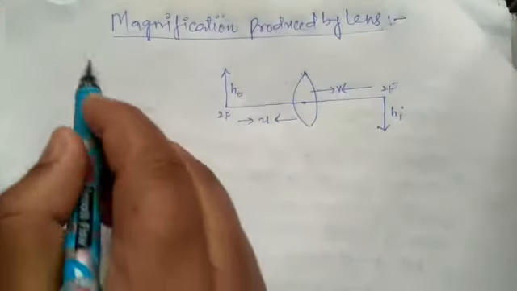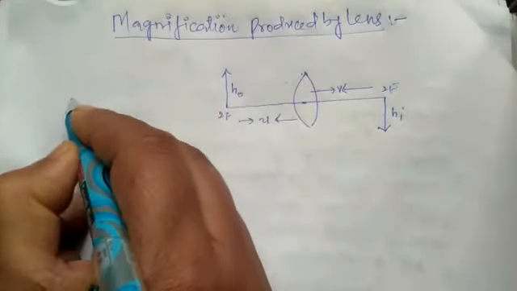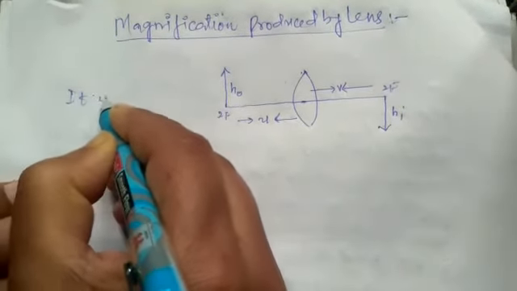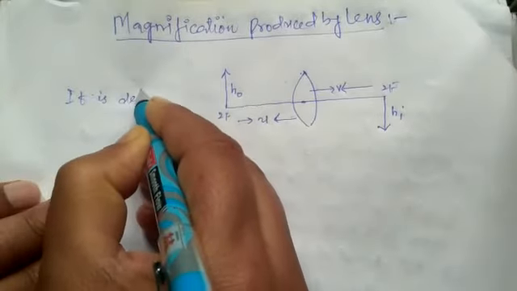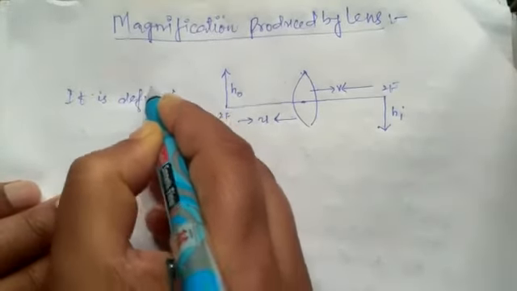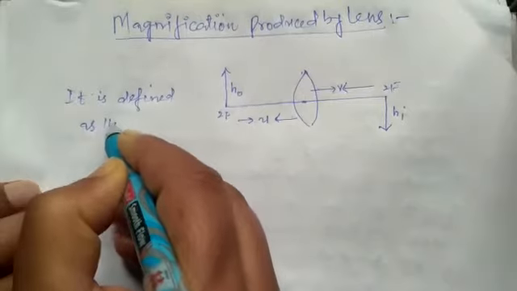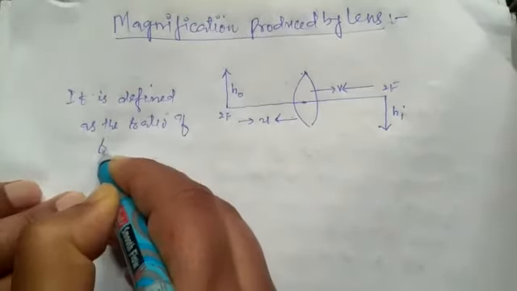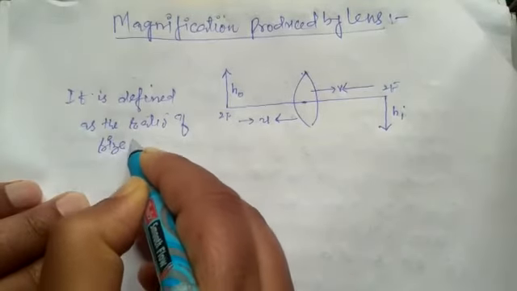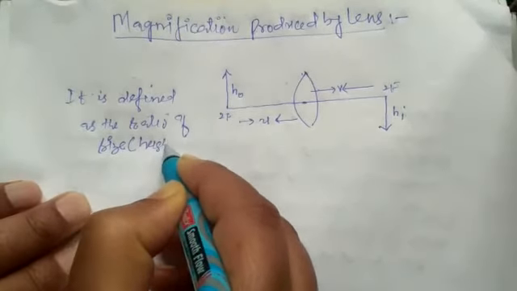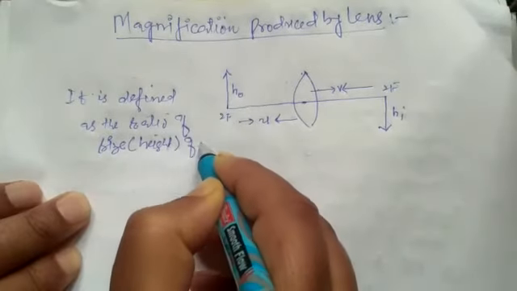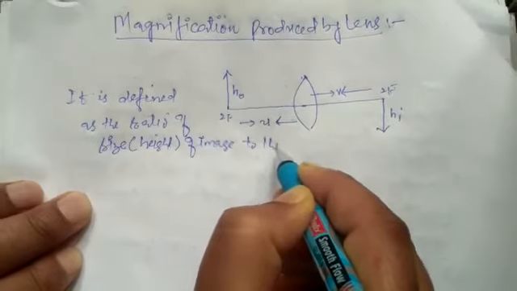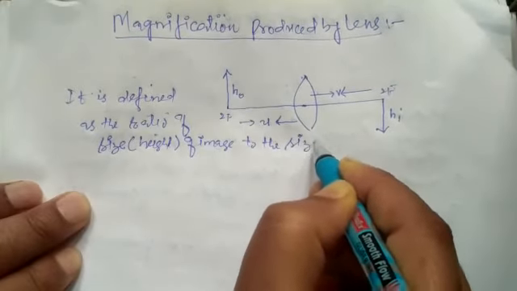Now what is the magnification? Magnification is simply defined as the ratio of size of image, size means height, to the size of object.